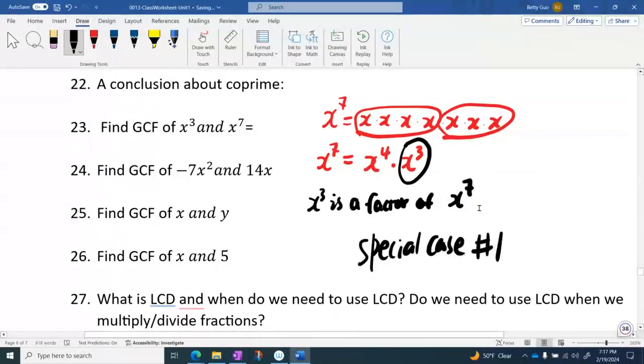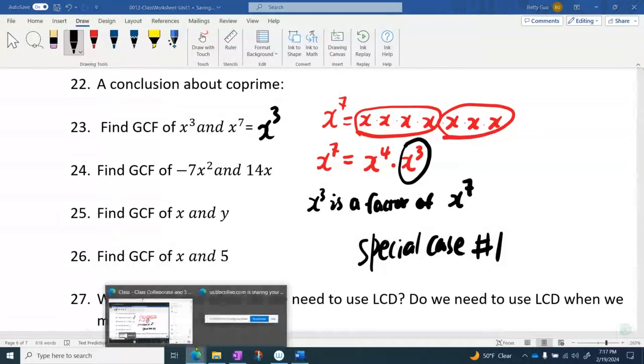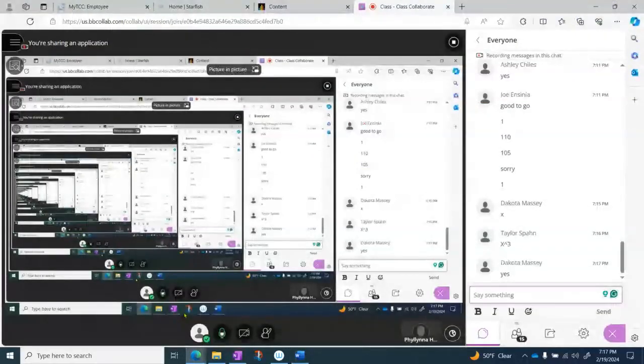Then the GCF of the two quantities is the factor. You see that? Thank you, Taylor. Dakota also understands. Very good. Am I clear about that?